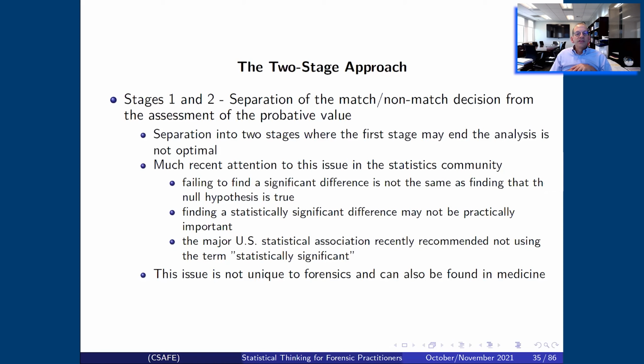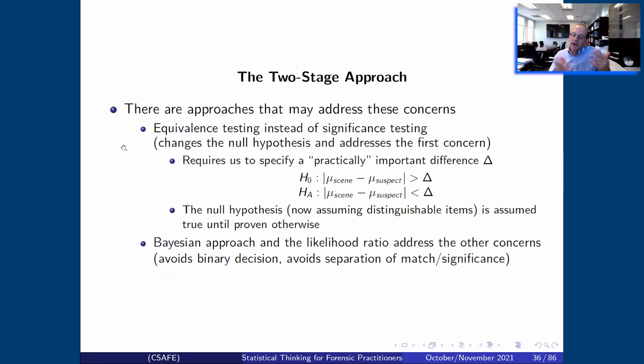You can reject the null hypothesis, in this case, excluding someone, when the null was true, and that's problematic. Or you may exclude someone and wish you hadn't, or vice versa. And this is not a unique issue.